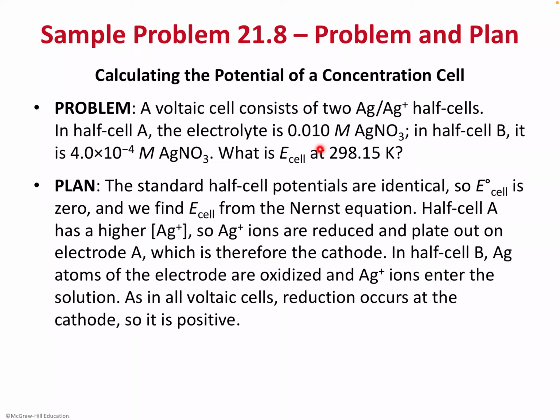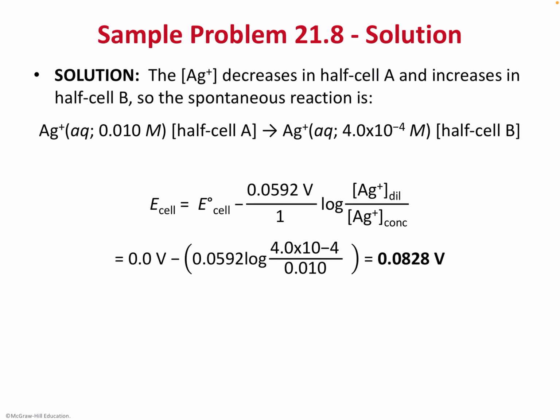Remember, the higher concentration one is the cathode where the reduction takes place. In half cell B, this one over here, silver atoms of the electrode are oxidized and silver ions enter the solution. As in all Voltaic cells, reduction occurs at the cathode, so it is positive. The silver concentration decreases in half cell A and increases in half cell B.